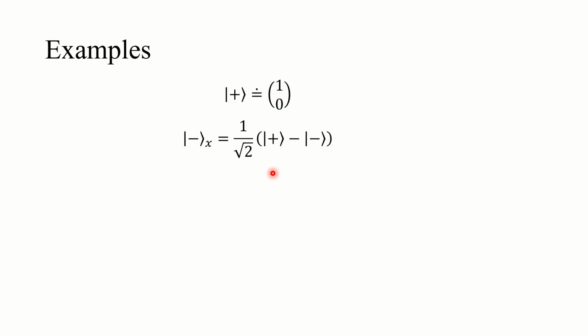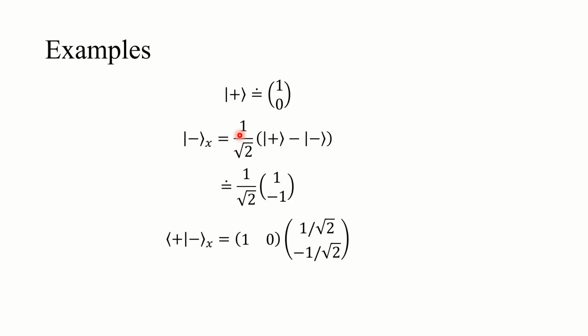If we wanted to look at, say, the spin down in the x direction state, which previously we showed was a linear combination of the spin up and the spin down in the z components, this would just be a column vector where we have 1 and minus 1 multiplied by 1 over root 2. And that's what this ket would look like in our z representation.